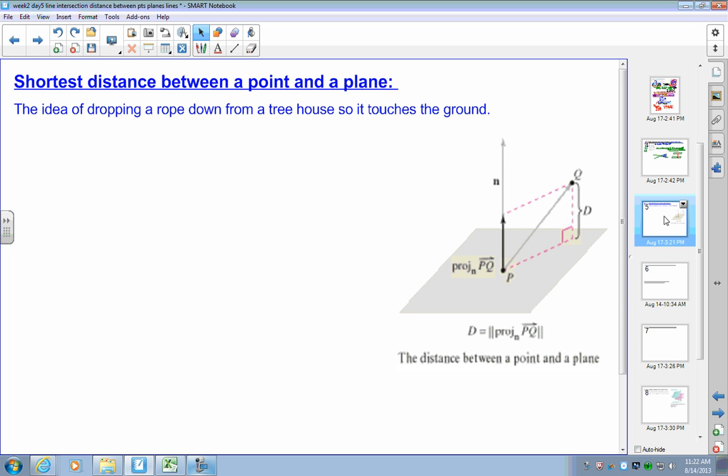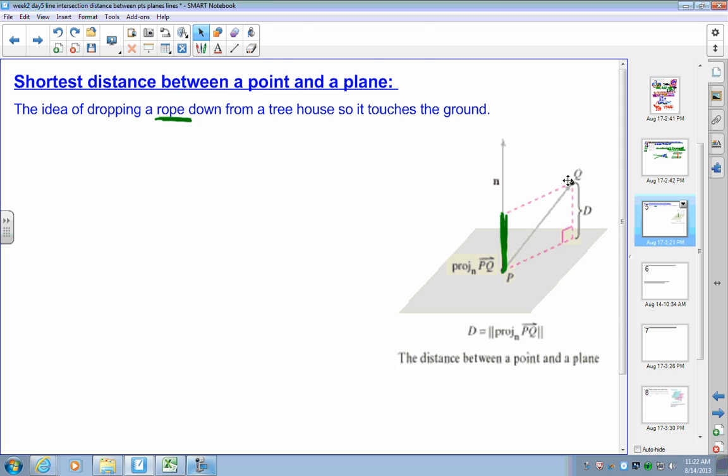So what I'm going to do is we have the plane, we have our point. So this Q is my tree house, and I want to find the distance of the rope. So this green would be what I'm considering the rope, okay? Now notice that green is the same as right there, okay?